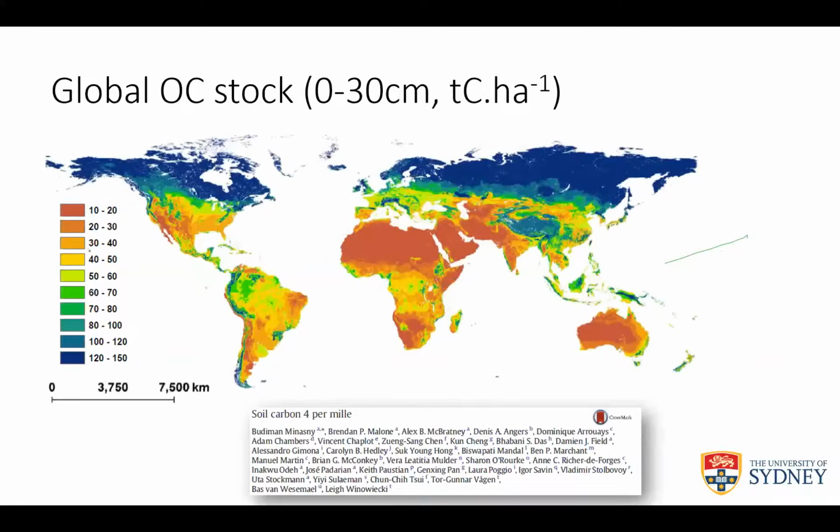So finally, we talk about how we can look at it at a global scale. And again, at a global scale, you see the effect of climate. This is an area with cold and wet conditions, where you have a higher carbon content. And the tropical area, although it's hot, has high rainfall, so you will likely have a high carbon content.